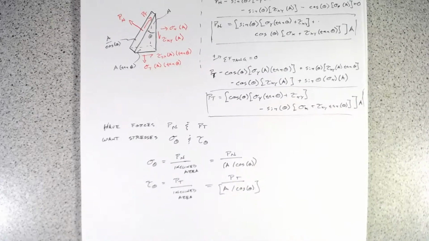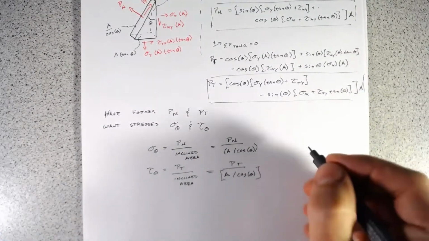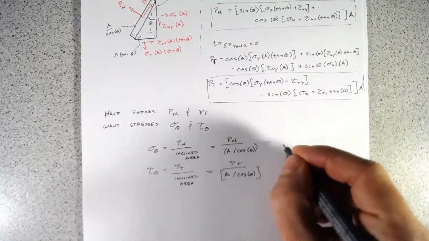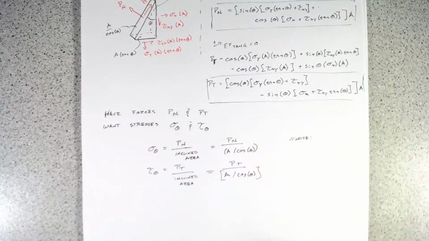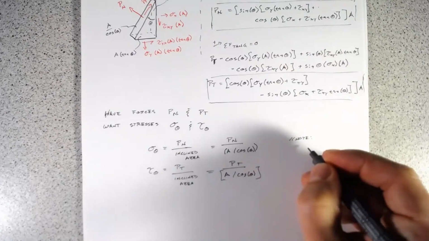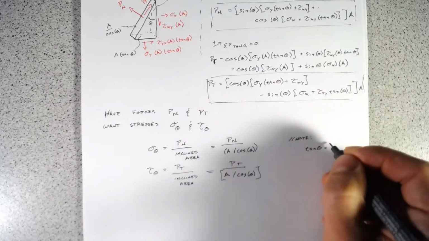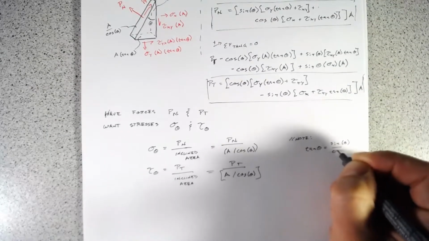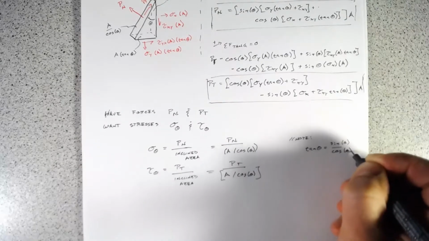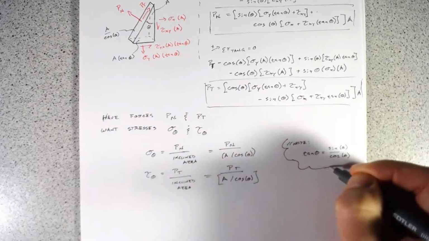And then the last sort of trick to this is remembering, going back to trigonometry, that tan theta equals sine theta divided by cosine theta.